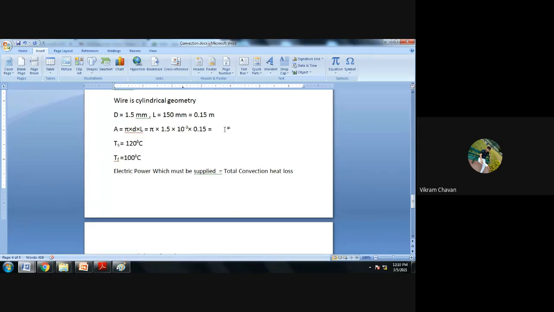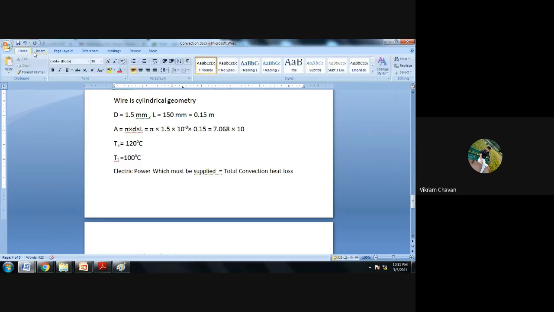Everyone, have you calculated the area? Shall I put up this value?